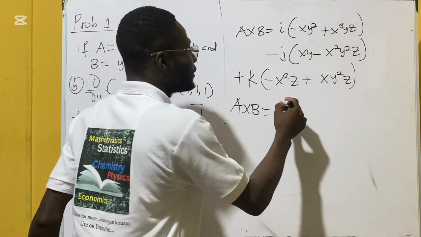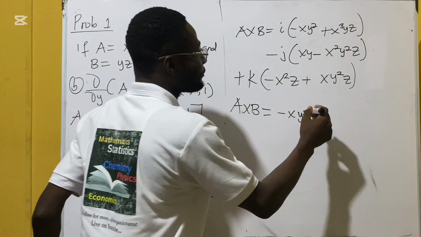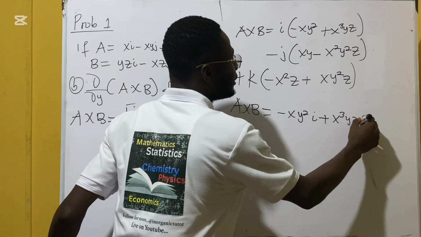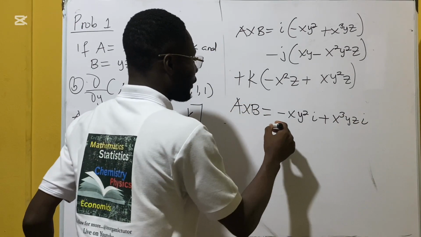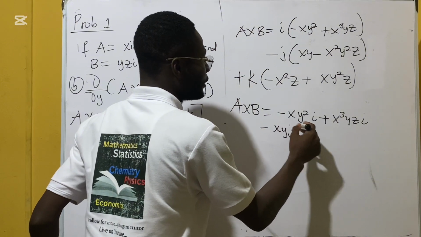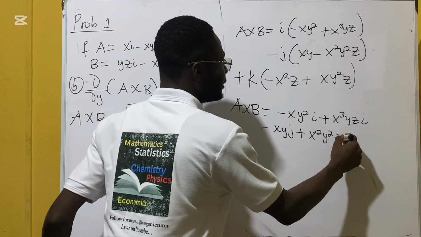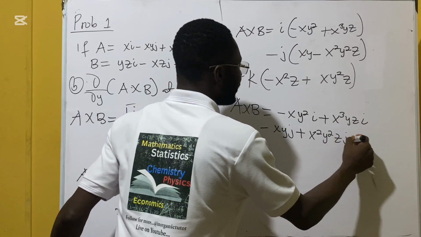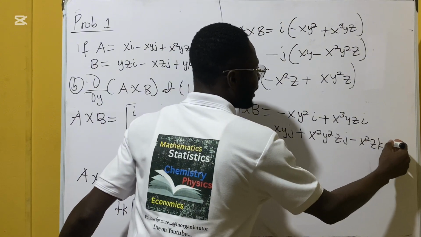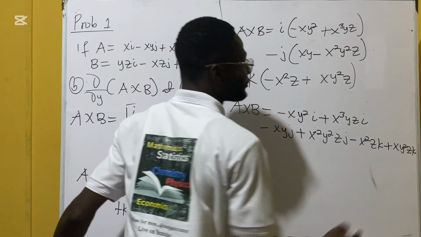So we're going to have negative xy squared i plus x cubed yz i minus xy j plus x squared y squared z j minus x squared z k plus xy squared z k.